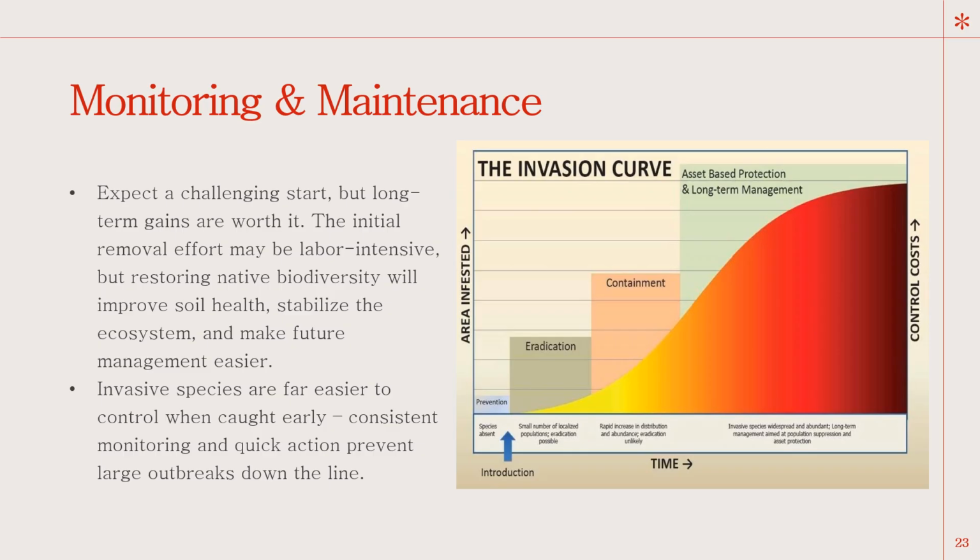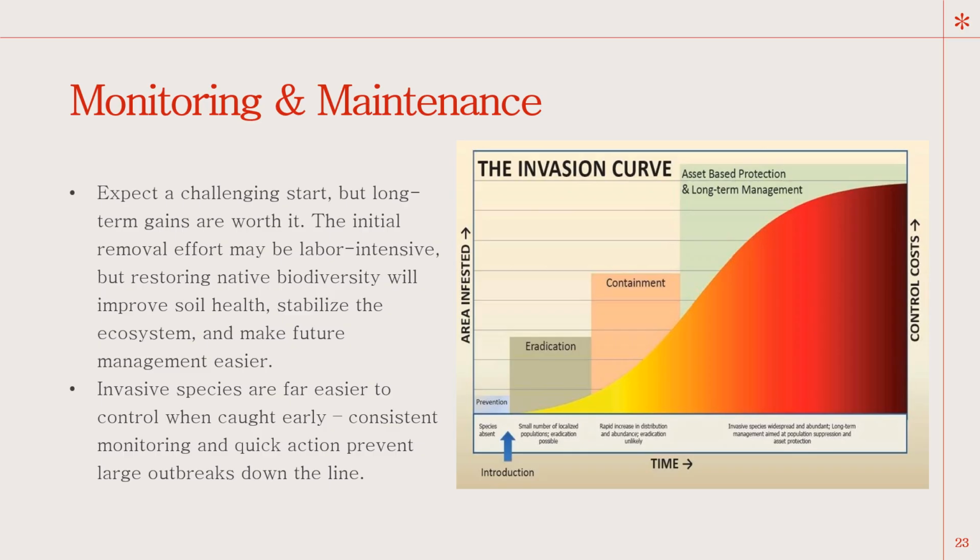I like this slide, especially this graphic, because it really shows that as time goes on, the area gets more infested and there's more cost involved. So that initial removal is going to be challenging.